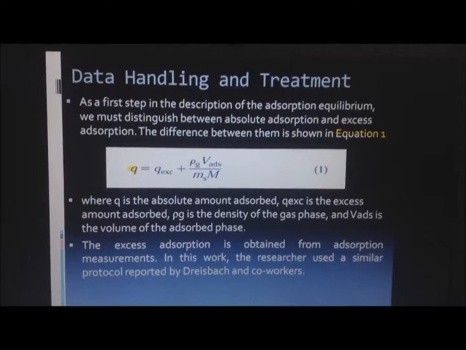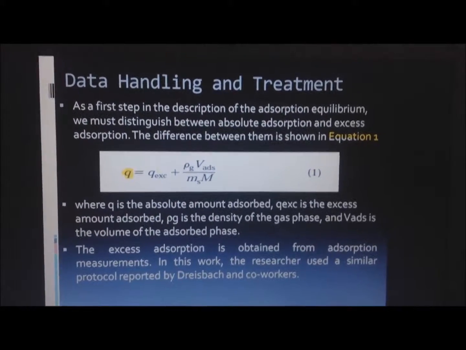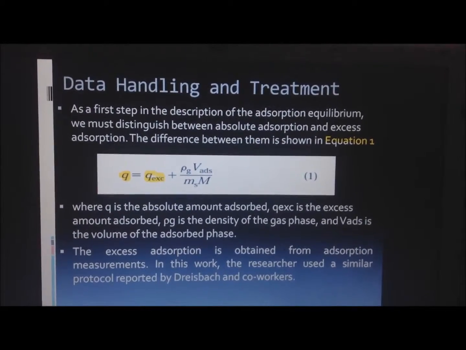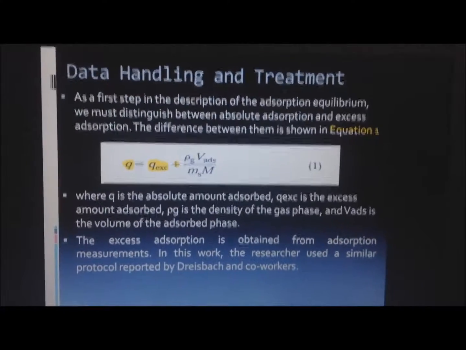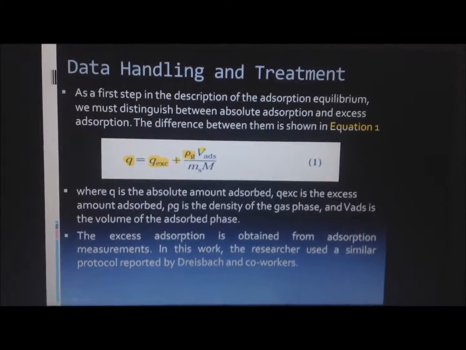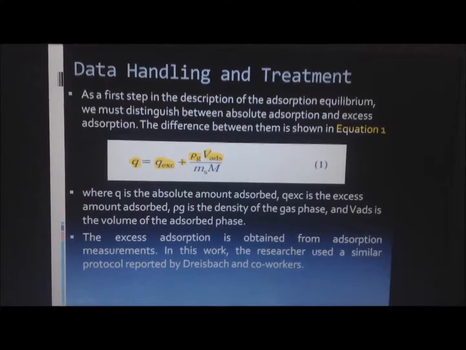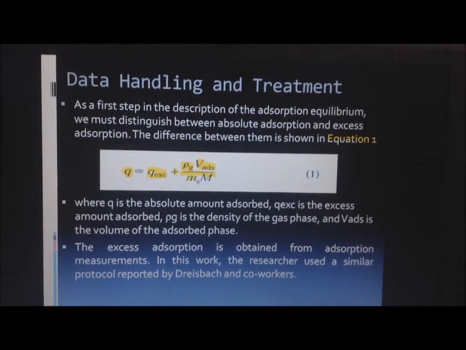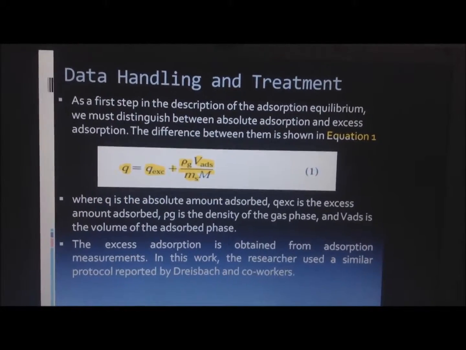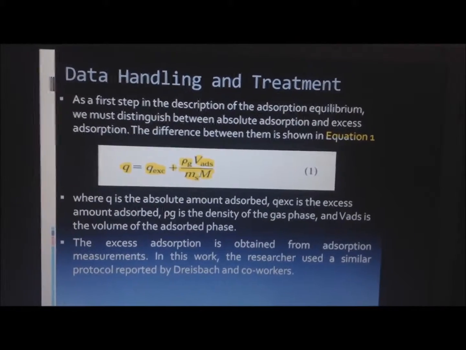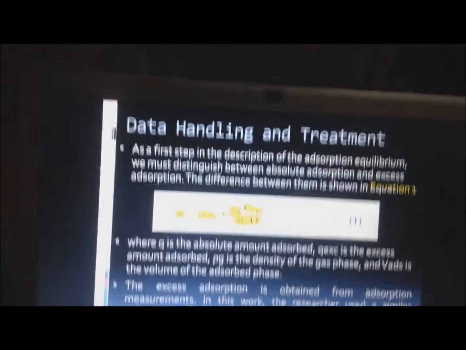The absolute amount adsorbed is equal to the excess amount adsorbed plus the density of the gas phase times the volume of the adsorbed phase over the mass of the adsorbent times the molecular weight of the gas.